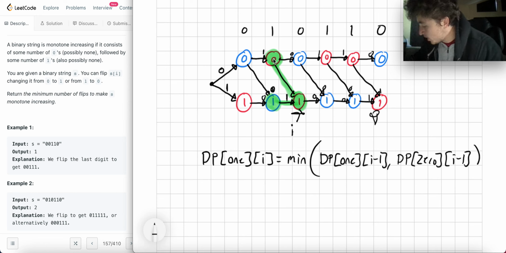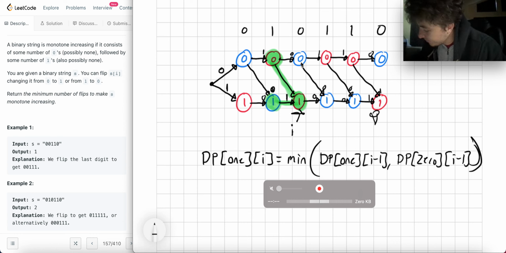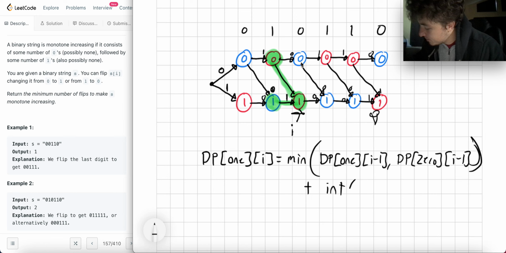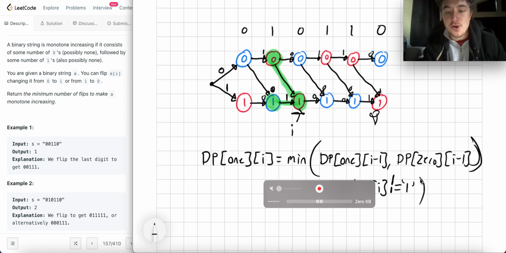Hence the I minus 1. And then in order to get to this position, it's going to cost 1 if you flipped, and it's not going to cost 1 if you don't have to flip. So if I had to flip to get here, I can capture that by saying int of the original string, which is S at I, not equal 1, right? So if it doesn't equal 1, then this will be a 1. So if it doesn't equal 1, then it's going to cost an additional 1 just to get here, because that's the cost to get here.